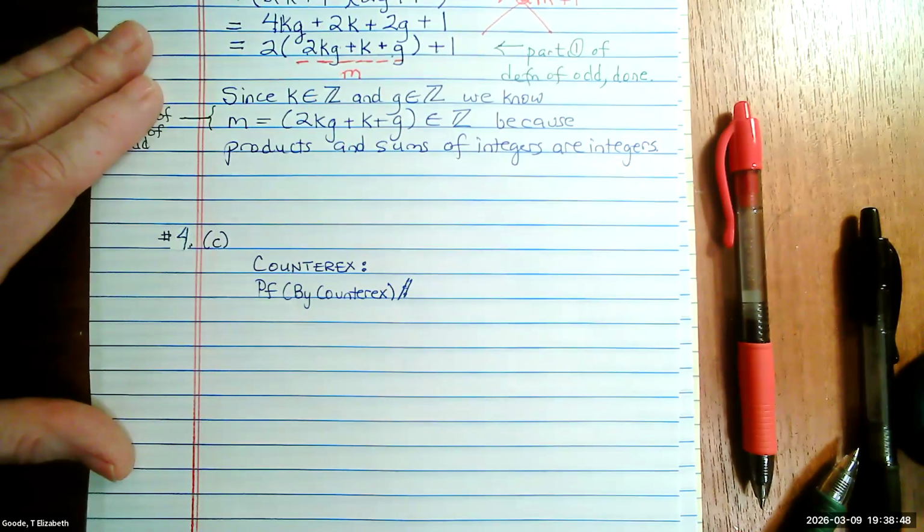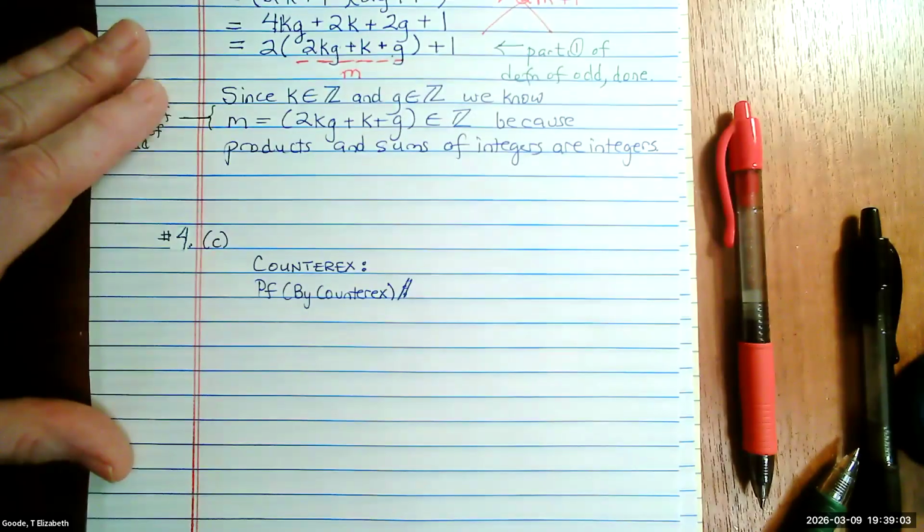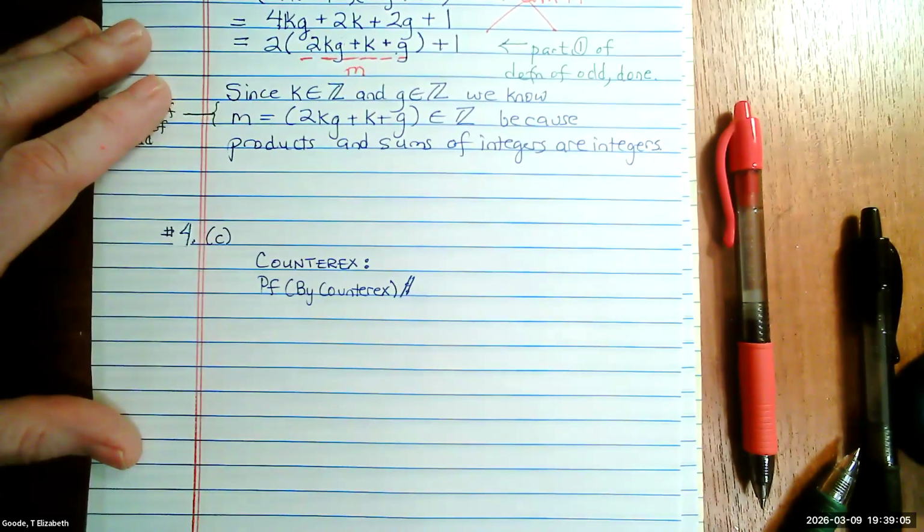But if I asked you to find the square root of 20, that won't be an integer. So that's how you know 20 is not a perfect square. Its square root is not an integer. Notice n equals 5 is not a perfect square because the square root of 5 is not an integer.